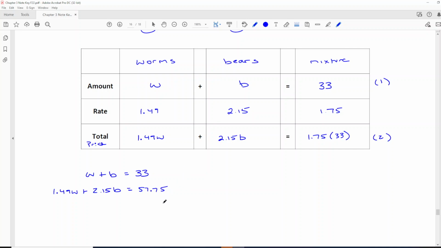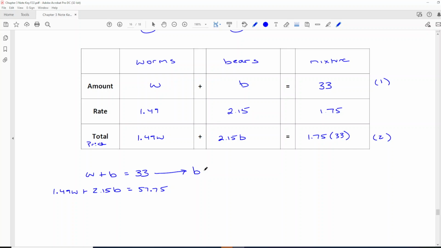You can either solve it by substitution or elimination. If I was going to do elimination, you could simply multiply the top equation by negative 1.49 or negative 2.15. Or you could multiply the bottom equation by 100 and then do them in the hundreds. But again, I find a lot of people do substitution.